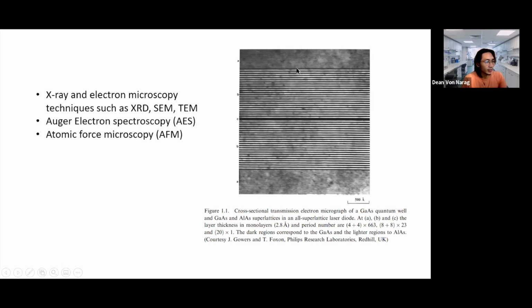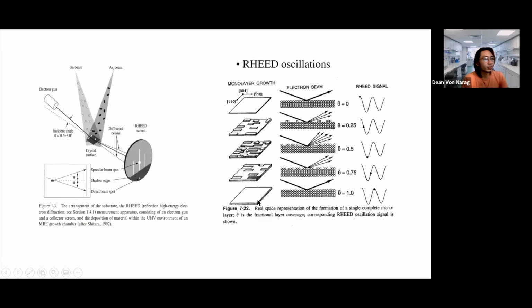So that's what we can get when we use TEM. For Auger electron spectroscopy, this can be used to determine quantitatively the chemical or atomic species present on our grown films. And for AFM, we can look into the surface roughness of the film, so whether it is very smooth or very rough.